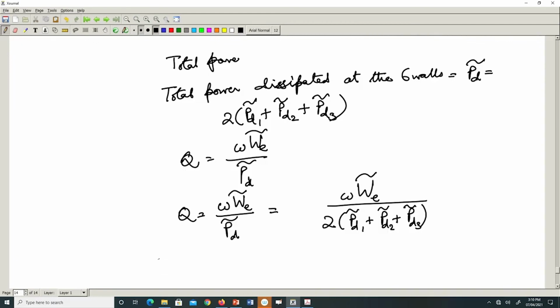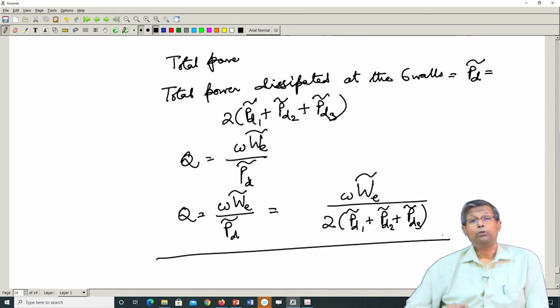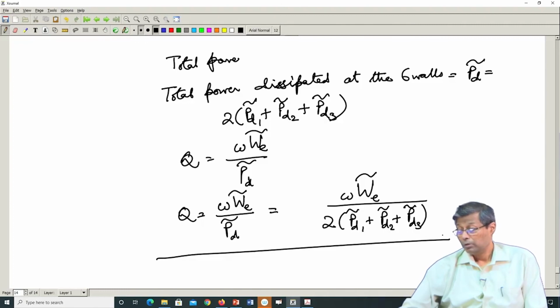So, this completes the derivation of the Q factor of the cavity, taking into account the conductor loss on the cavity walls. Thank you.